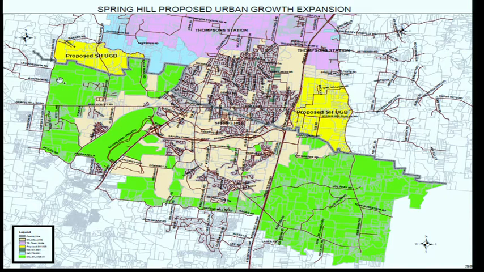Is that correct? Well, the green that you're looking at, that's part of Spring Hill. Oh, okay. Even though it's part of the county, it's also considered part of Spring Hill then? Yeah, the green that we're connecting to the northwestern portion of Williamson County, yeah, that's part of Spring Hill.